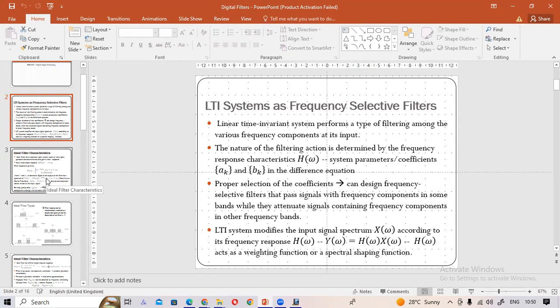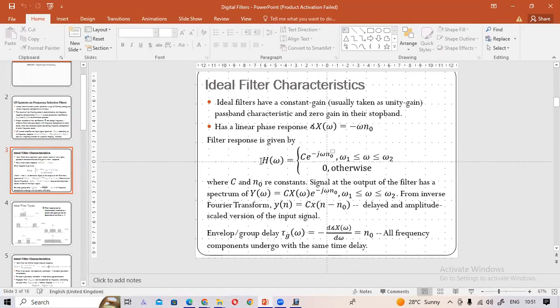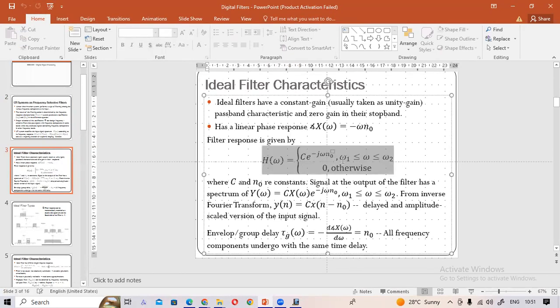The ideal filter means the perfect filter. Actually, we can't realize a perfect filter in the real world, so this is not a practical filter. It is an ideal, mathematical filter. So the ideal response is given like this.